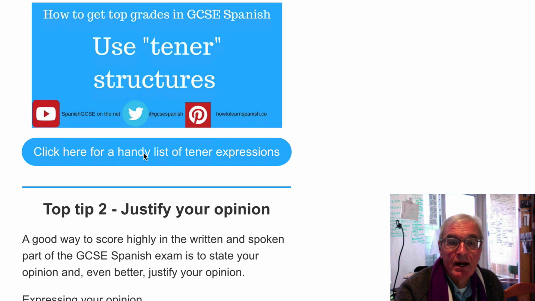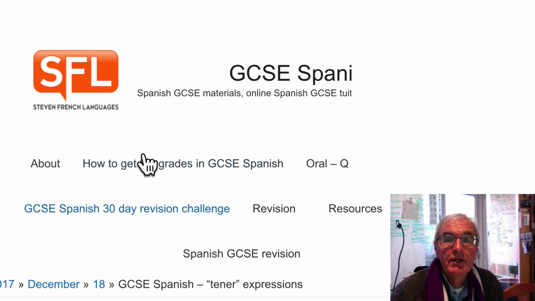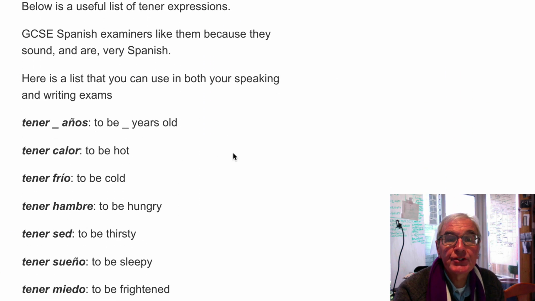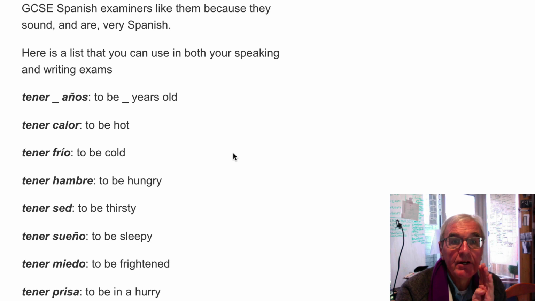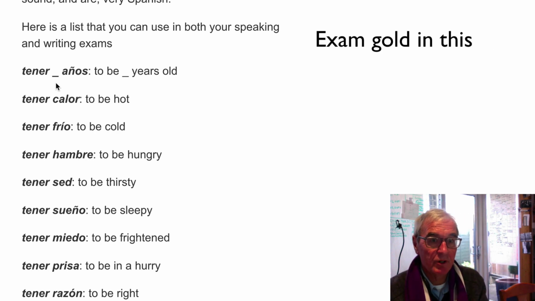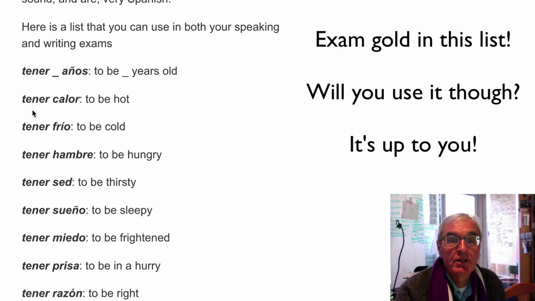Now, I'm going to click here, and now we're going to go through a pretty good, useful list of tener structures. And let's run through them really quickly. Tener años, we've just done that one, to be so many years old.